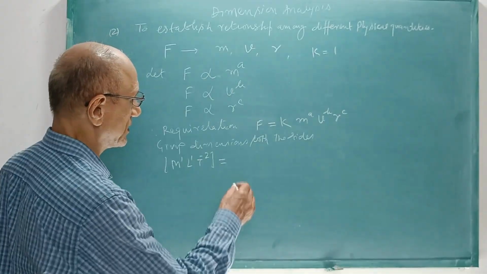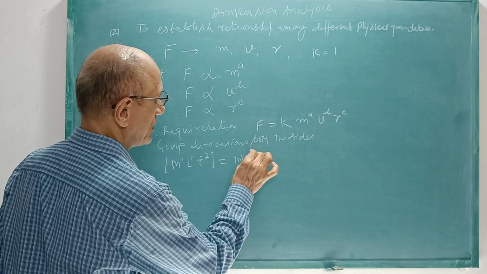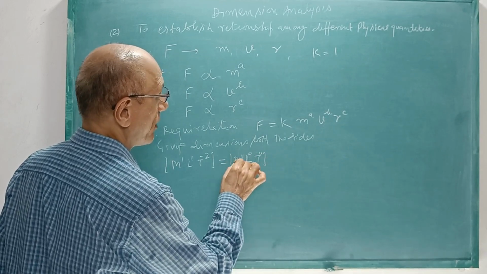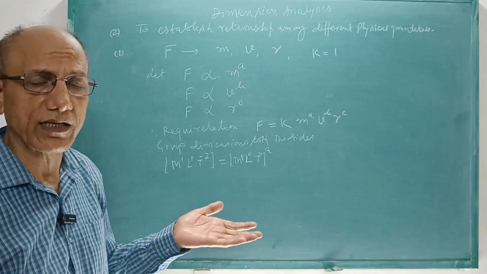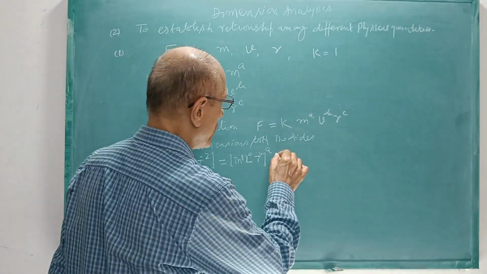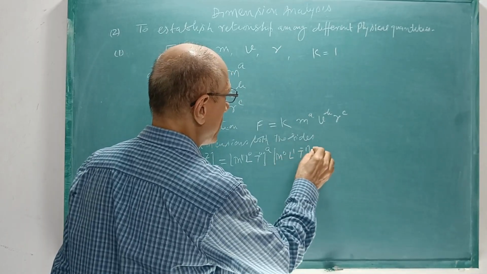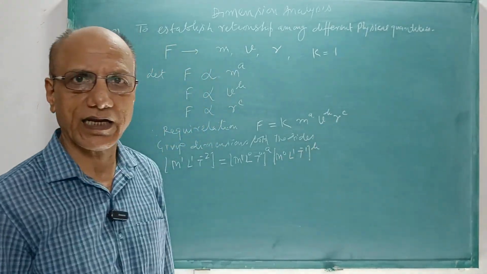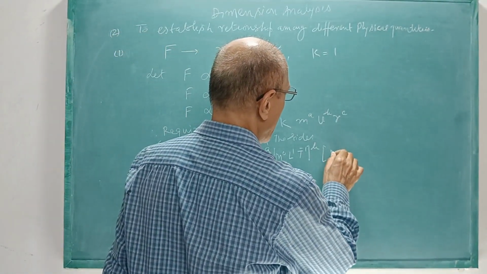So the mass is M1 L0 T0 power a. Then velocity, what is the velocity dimension? Yes, M0 L1 T minus 1 raised to power b, and the radius is of course length, so it will be M0 L1 T0 power c.